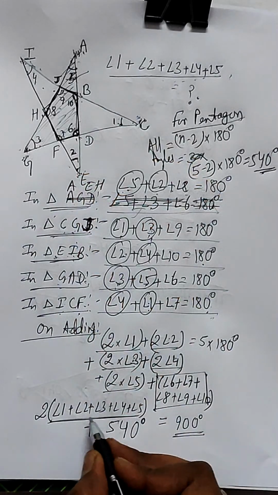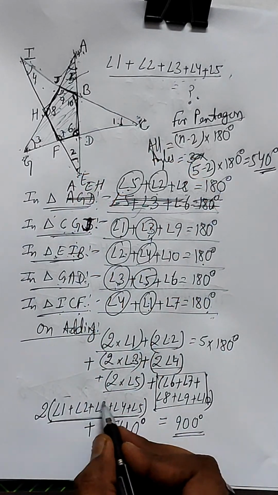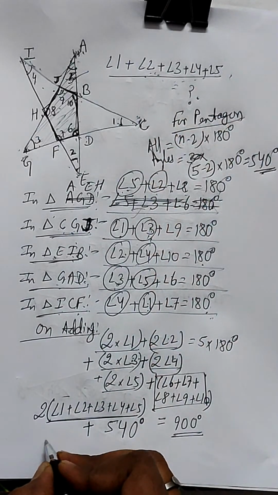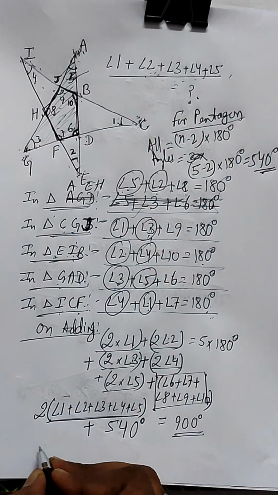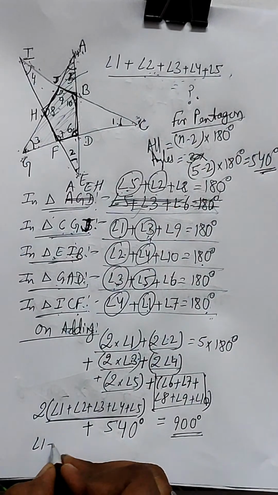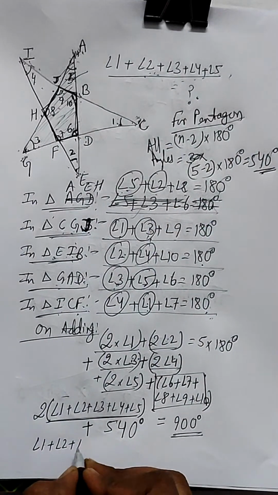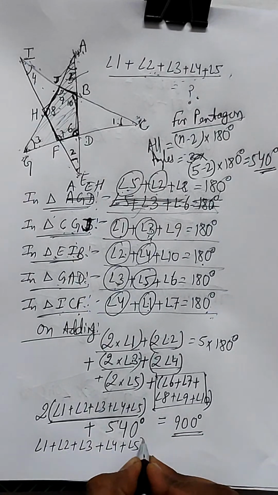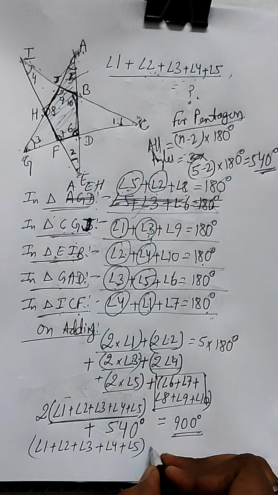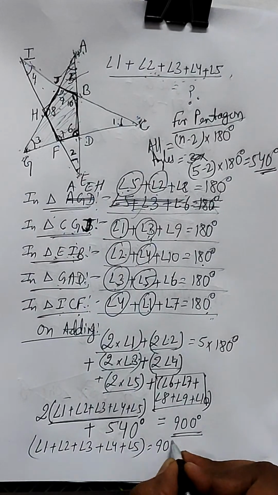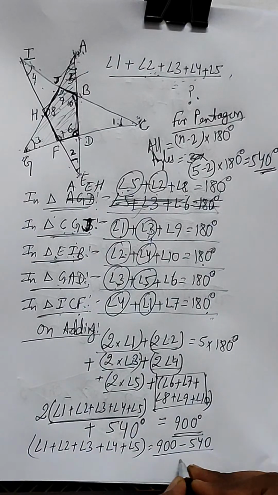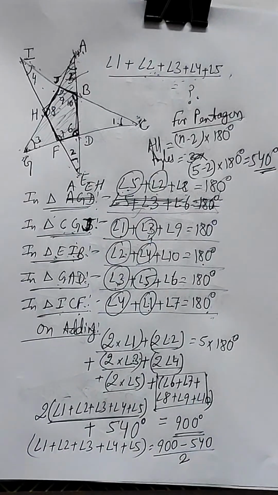Now, you can easily calculate the value of 1 plus 2 plus 3 plus 4 plus 5, which we want to calculate. So we can see angle 1 plus angle 2 plus angle 3 plus angle 4 plus angle 5 is coming as 900 minus 540 divided by 2.